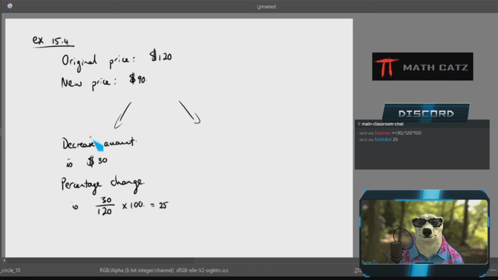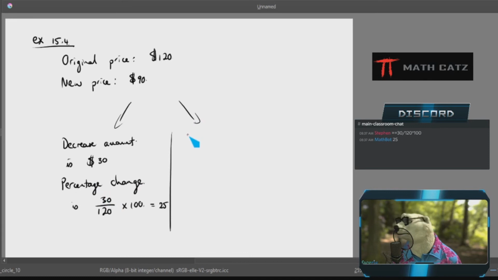Okay, so on the one hand, I can do it this way, and there's nothing wrong with that. Sometimes it feels a little bit more intuitive to me to focus on the change amount, because I want to know what is the percentage discount, the percentage change, the percentage decrease, or whatever you want to call it.